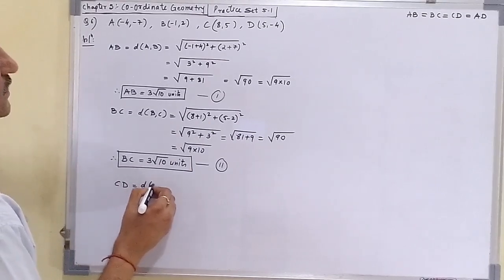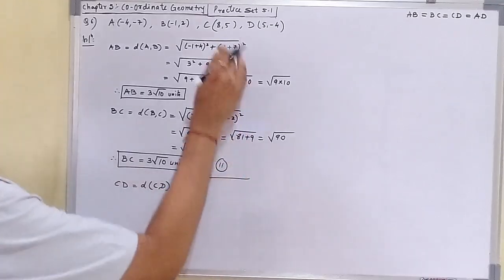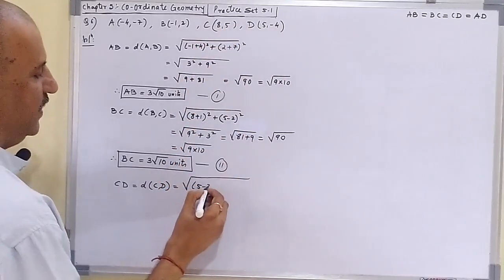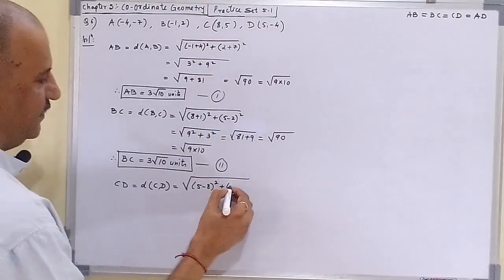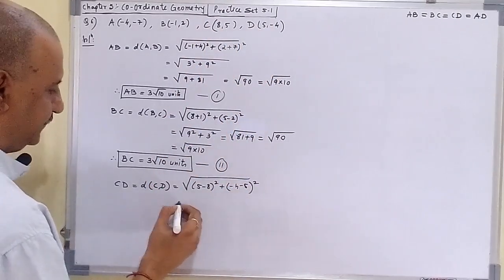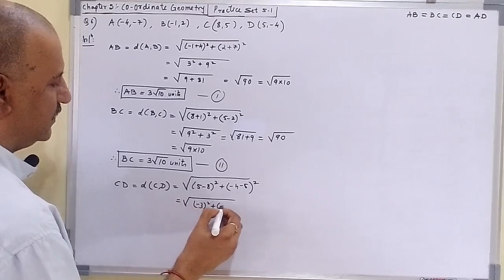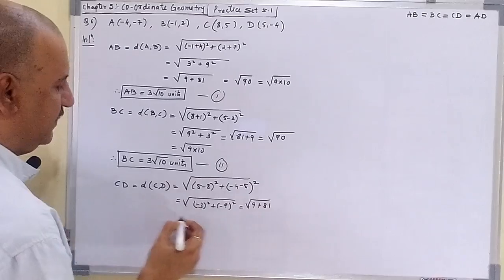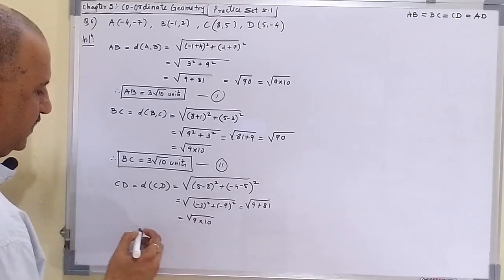C is equal to distance CD. Now this is x1 y1 x2 y2, so x2 minus x1, so 5 minus 8 square plus minus 4 minus 7, so minus 4 minus 1, minus 3 square plus minus 9 square. 9 plus 81, 9 into 10, 90.